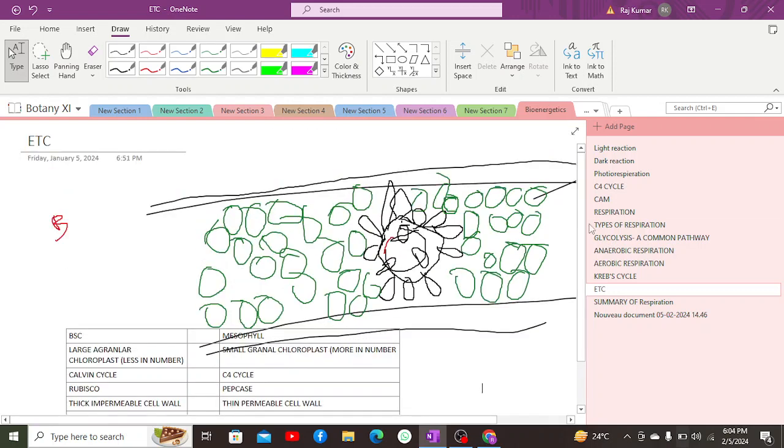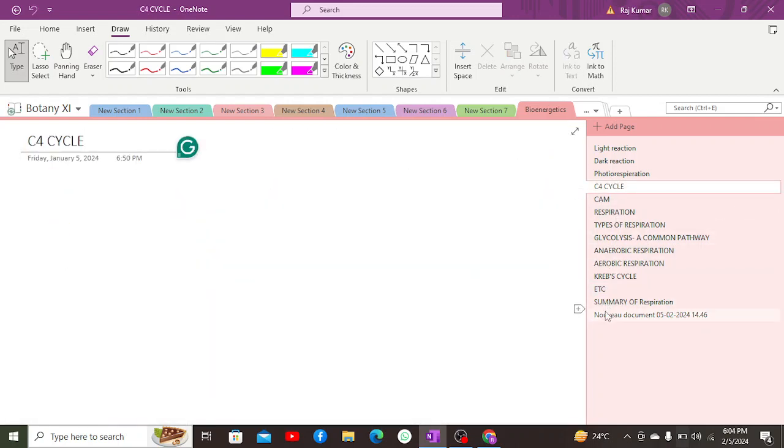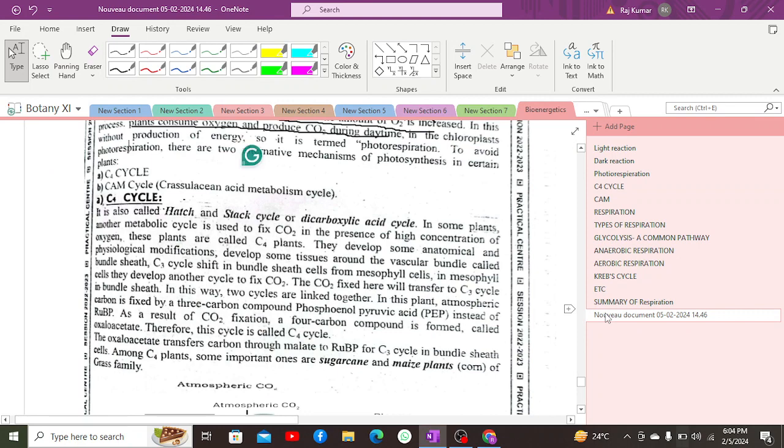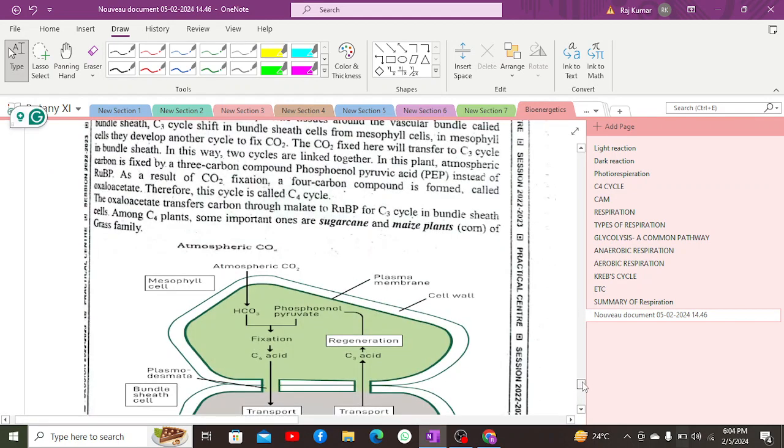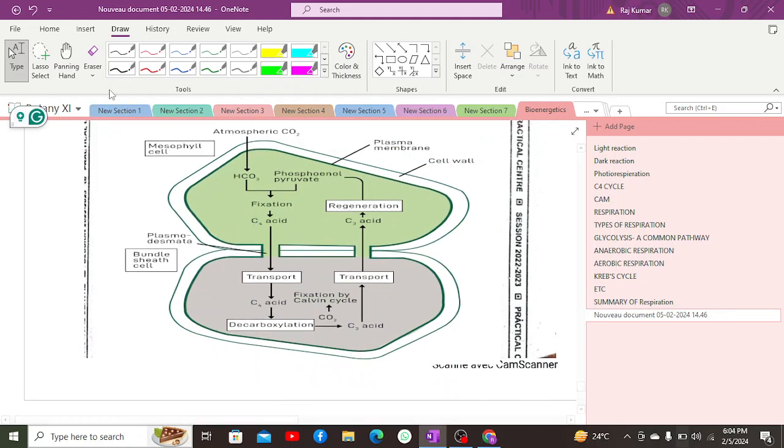And when it comes to structure, let us discuss it over here. As you can see, the cycle occurs in such a manner. Let me explain with the diagram. First and foremost the C4 cycle occurs, in which phosphoenol pyruvate reacts with carbon dioxide, which is obtained from the process of respiration.